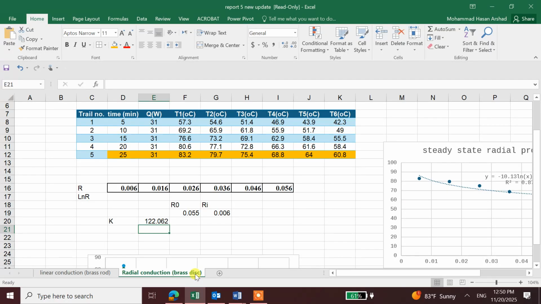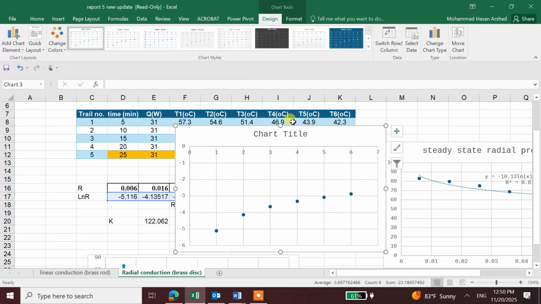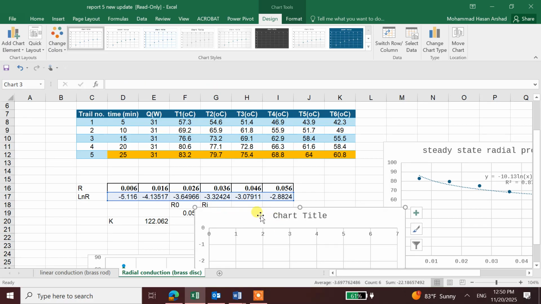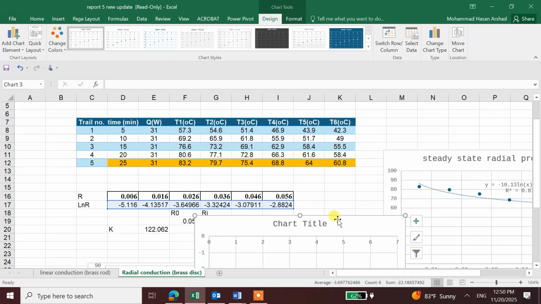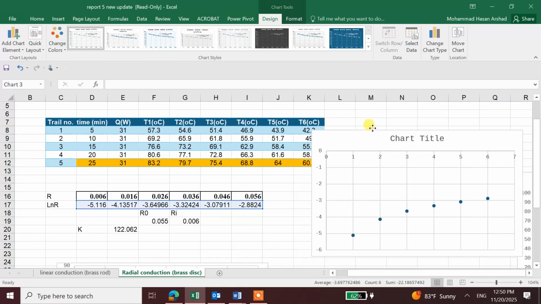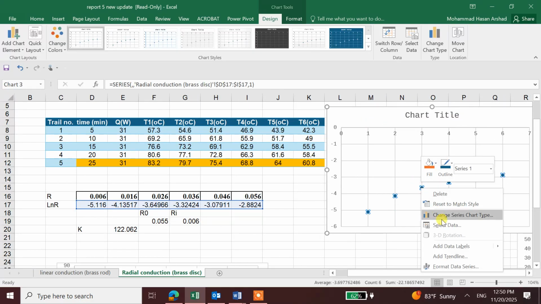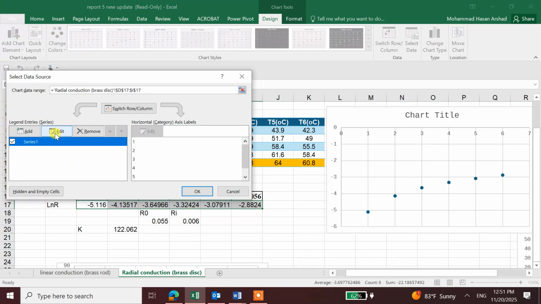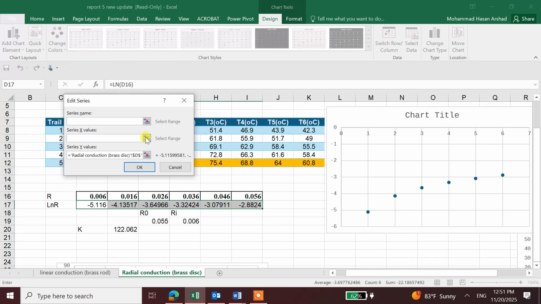Now come to this. We can calculate ln r, just drag this, then plot ln r versus the temperature.